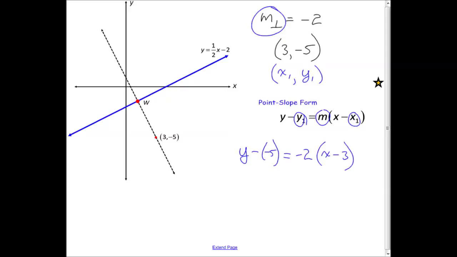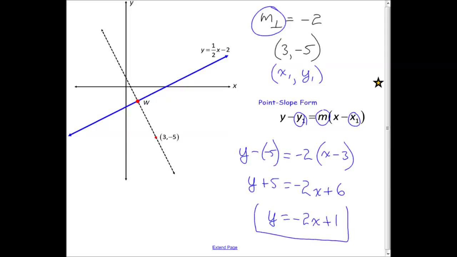Now all we have to do is simplify, and let's go ahead and put it into slope-intercept form. So I'd start by removing some parentheses, and then subtract 5 from both sides. I get that as the equation for my dotted black line, the line that's perpendicular to the blue line and passes through the point (3, -5).